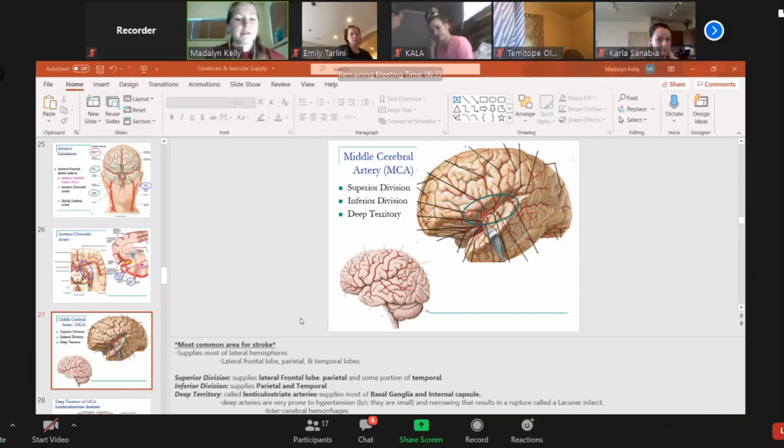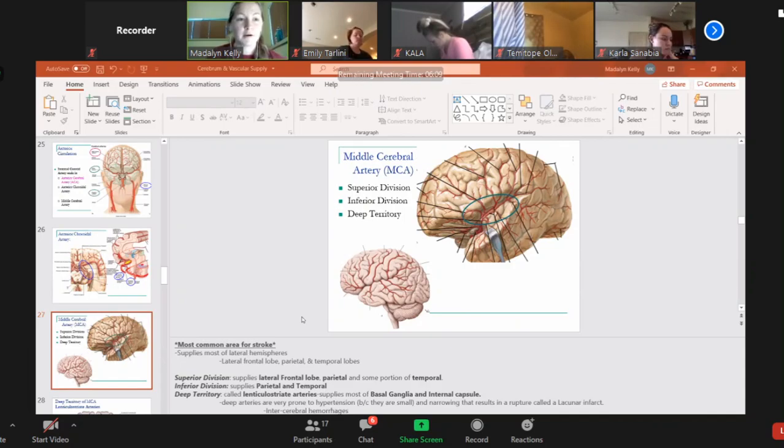Deep arteries are very prone to hypertension. Why? Because they're small, and that narrowing results in a rupture called a lacunar infarct. So if it deals with a lacunar infarct, you know it's dealing with those lenticulostriates because it's deep inside, and hypertension.